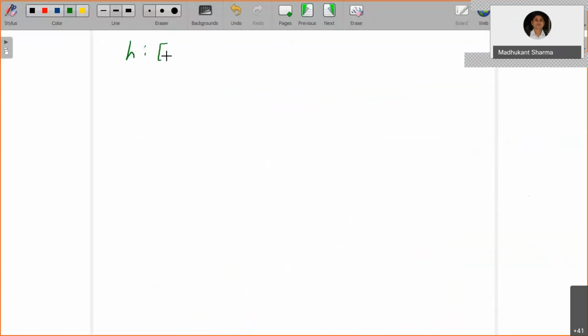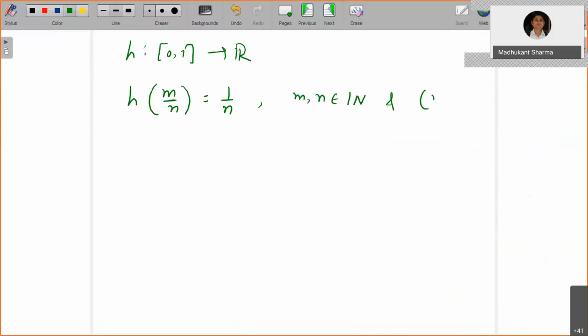So h from the closed interval [0,1] to R is defined as h(m/n) equals 1/n, whenever m, n belong to the set of natural numbers and the GCD of m and n, the greatest common divisor, is 1, and h(x) equals 0 elsewhere.